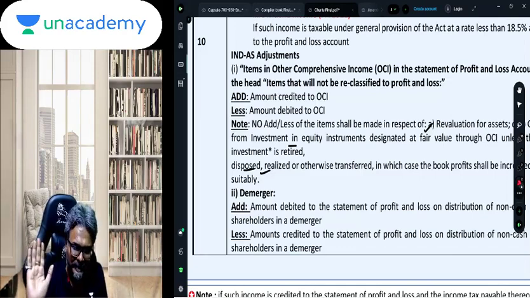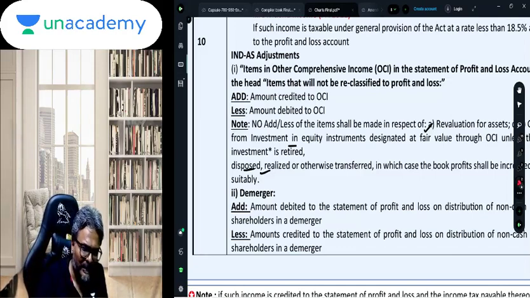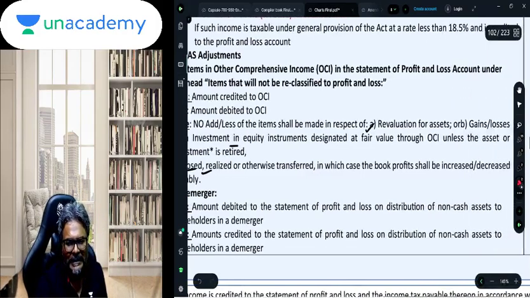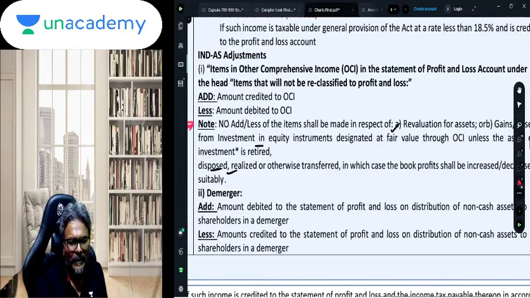Simply ignore it. So if you see here, the note part is a critical one. No add or less of the item shall be made in respect of revaluation of asset or gain or loss from investment in equity instrument at designated fair value.